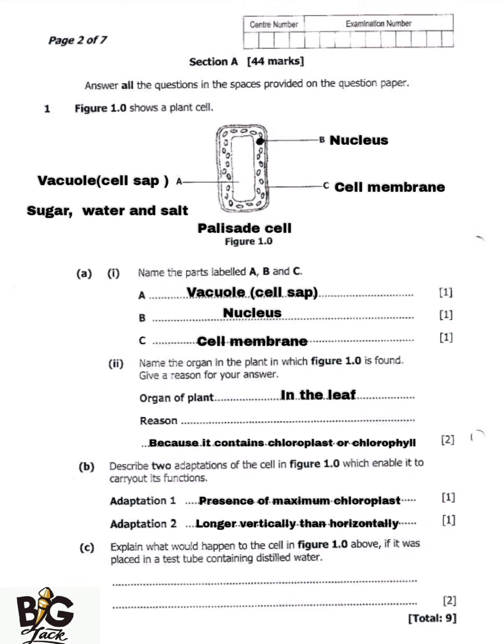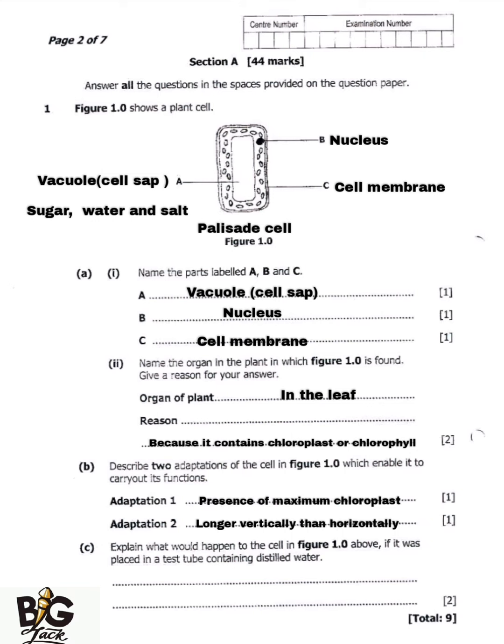So once we place this palisade cell in distilled water, since osmosis is the movement of water molecules from the region of higher concentration to the region of lower concentration, we are going to find that the water is going to move from where? From the test tube.